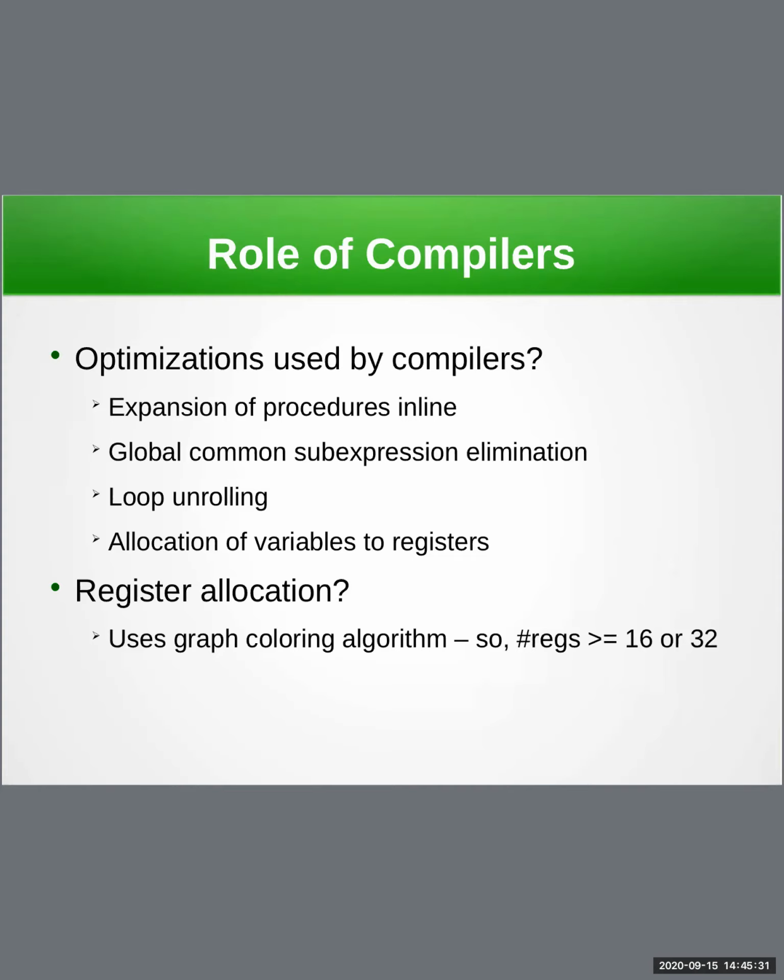But that's basically the thing. So to be able to do this, if you don't have sufficient number of registers, then graph coloring algorithm doesn't work well. So minimum 16 registers are needed for graph coloring algorithm to be effective.